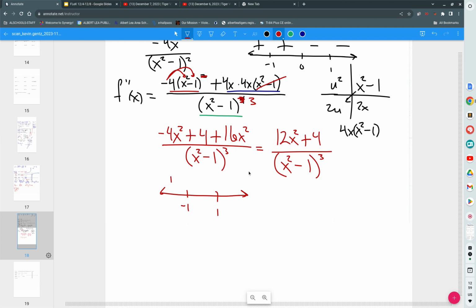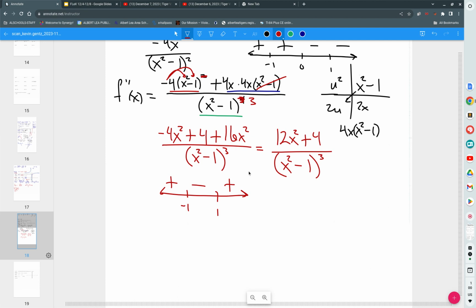So this will be positive. I plug in 0. Will that give me a positive or a negative? It will give me a negative. And if I plug in a value to the right of 1, I will get a positive. Everybody okay with those?